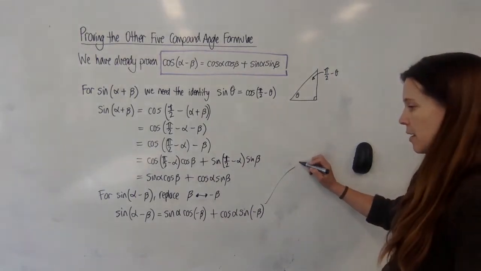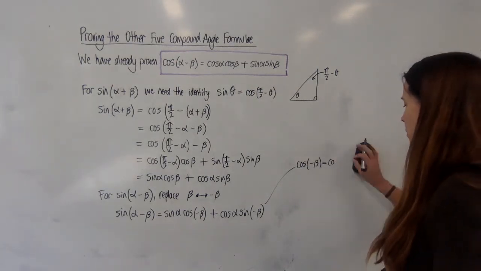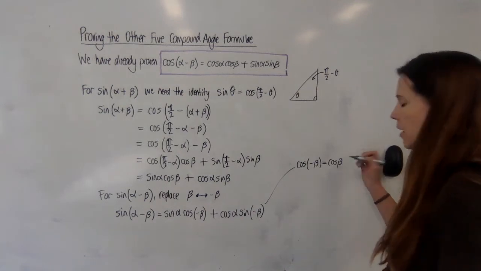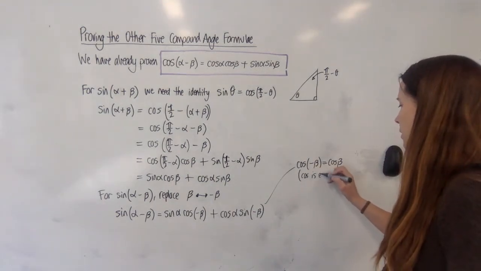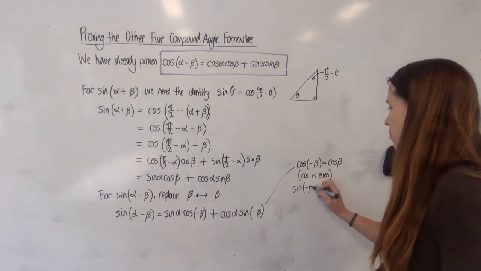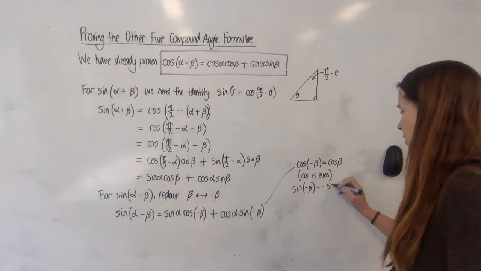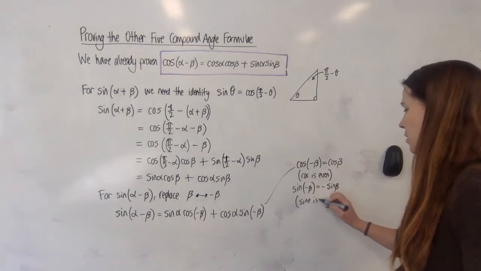So we can say that cos of negative beta equals the cos of beta. How do we know that? Because cos is even. Okay, and the sine of negative beta is equal to the negative sine of beta, and the reason we know that is because sine is odd.